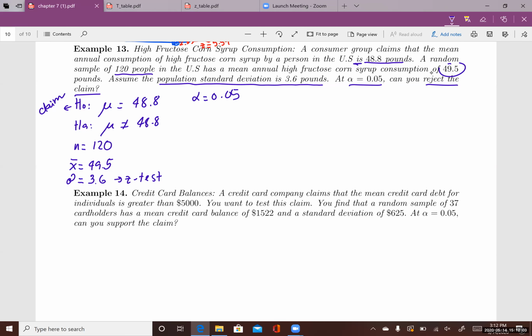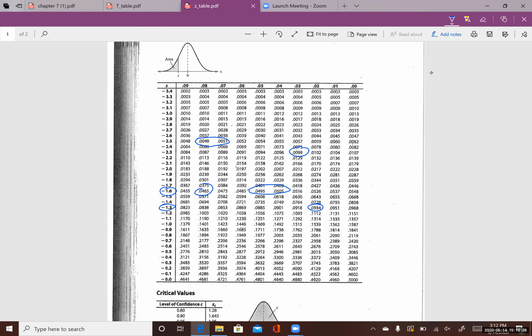But first, I want to draw the distribution. Normal distribution, two-tailed test, I have rejection areas on both sides, right? Using alpha, I can find z0. So the area on each side is 0.025, 0.025 right here, 2.81.